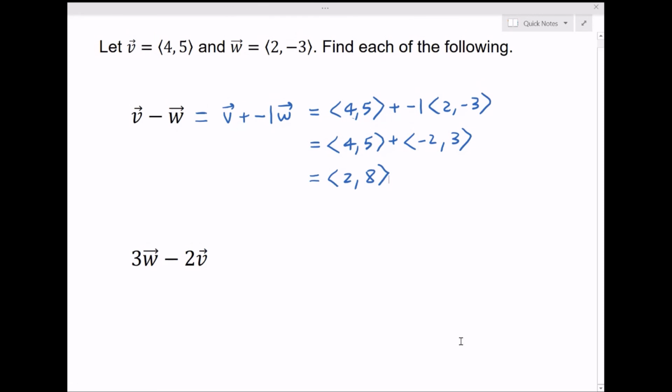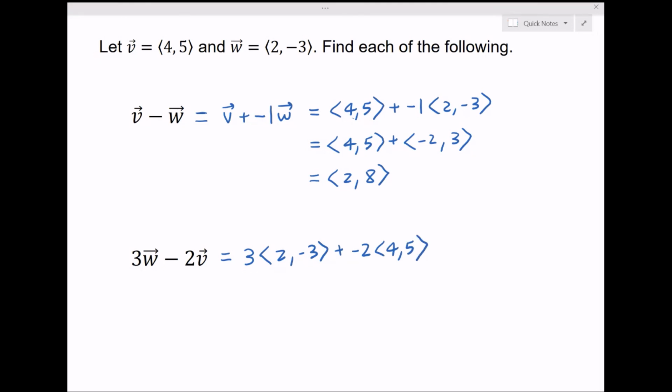And again, what's going on is 3w minus 2v equals 3 times w, which is 2, negative 3, plus negative 2 times v, which is 4, 5.